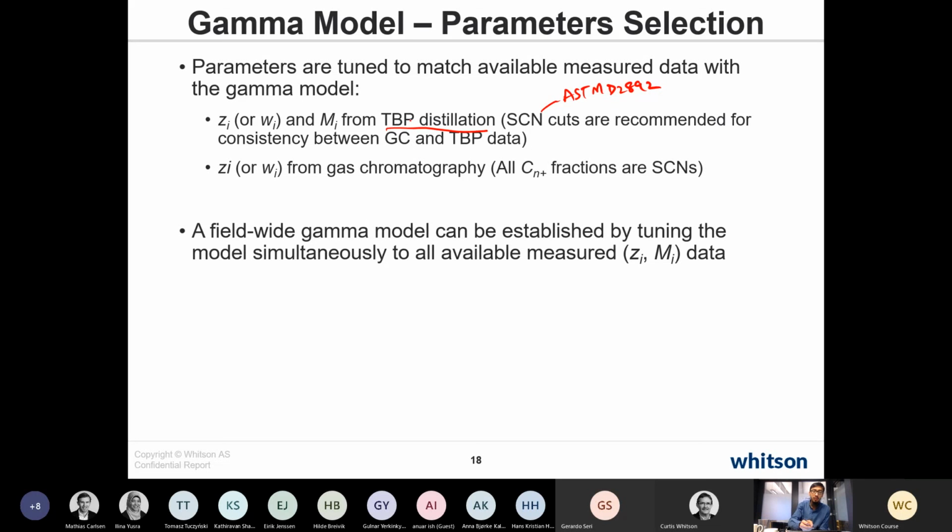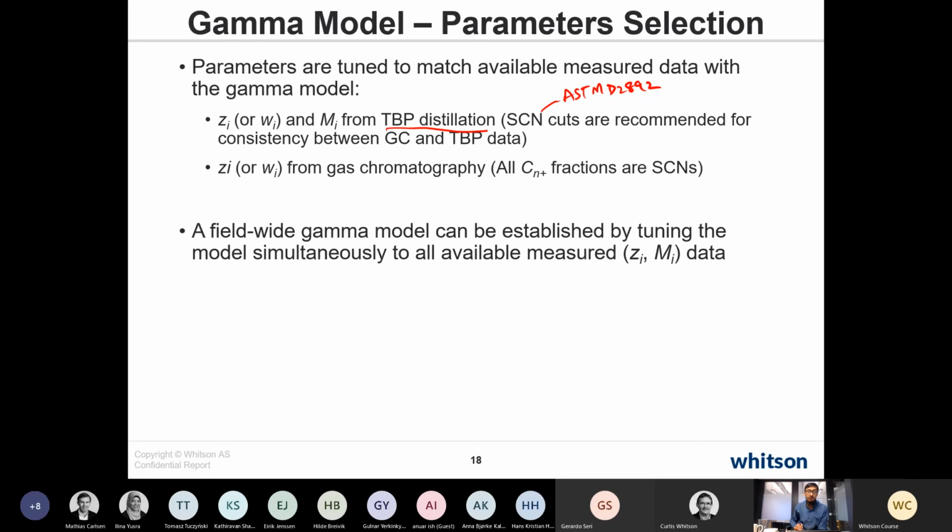In the TBP distillation data, we generally also have the average molecular weights measured. And since the gamma model gives us the average molecular weight, we can tune the gamma distribution model not just to give us the right measured weight fractions, but also the measured average molecular weights.